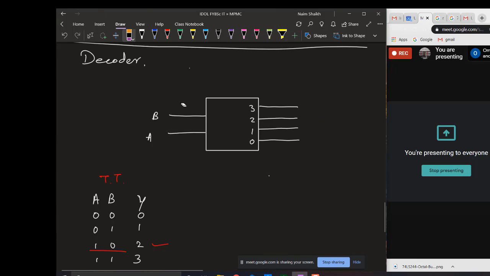It can be more than one input, of course. That one input is the enable input. So in this case, what I'm going to draw is this. This is your enable. Okay, so A and B are my two inputs. Apart from these two inputs, enable is my third input.